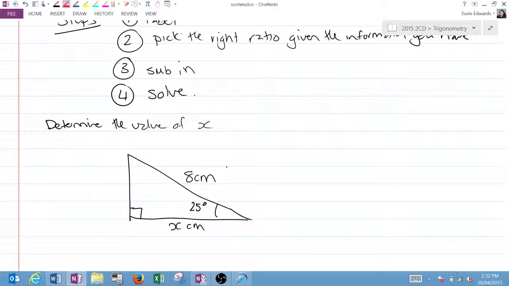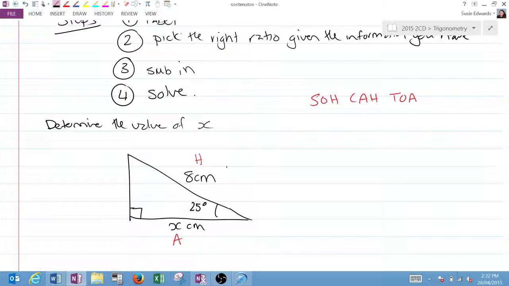So what's 8 get labelled as? Hypotenuse. What's the x get labelled as? Adjacent. And so in sohcahtoa, which one has A and H in it? Cah, okay, so we're going to use the cosine ratio.